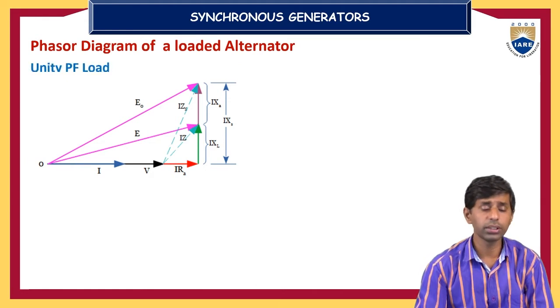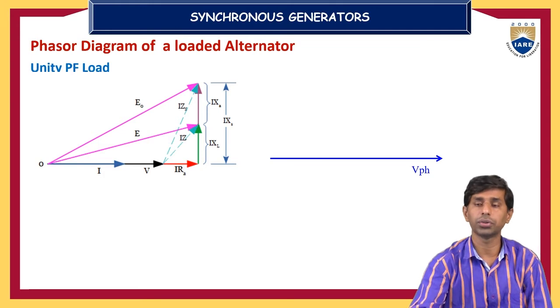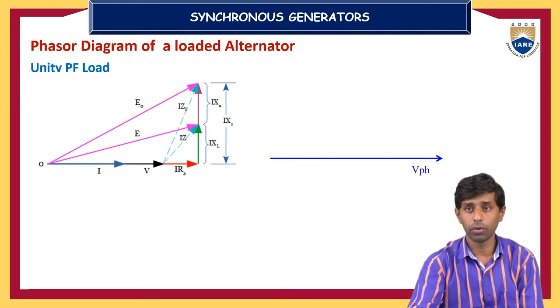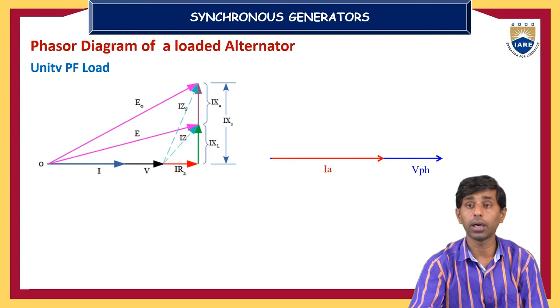The first example is the unity power factor loading condition. Here I have taken voltage as the reference vector, represented by V phase. Under unity power factor loading condition, current is in phase with the voltage V. That is represented by the red line here, IA.